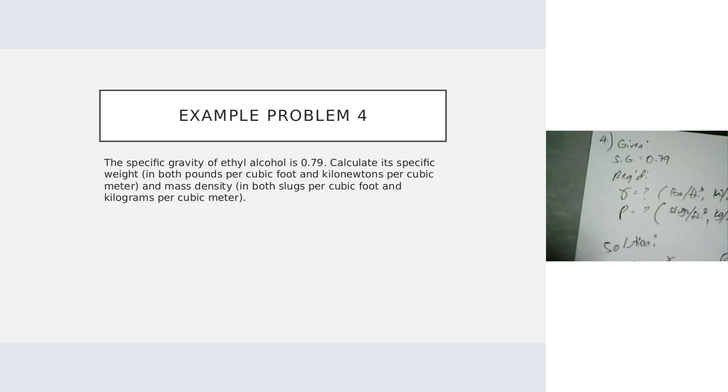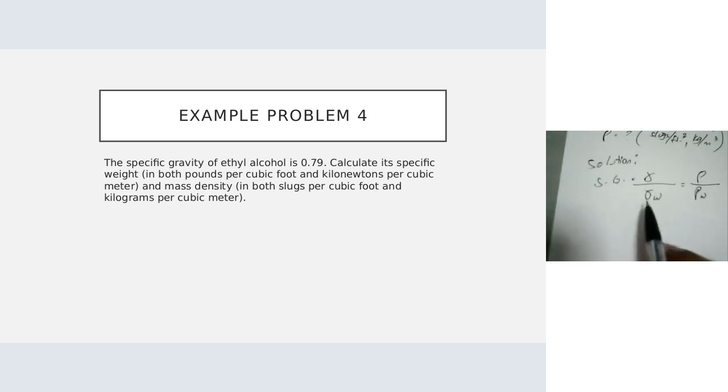So we want to compute the unit weight first, right? So we can cross multiply this unit weight of water to this side. It will become unit weight of the fluid and equal to specific gravity times the unit weight of water.